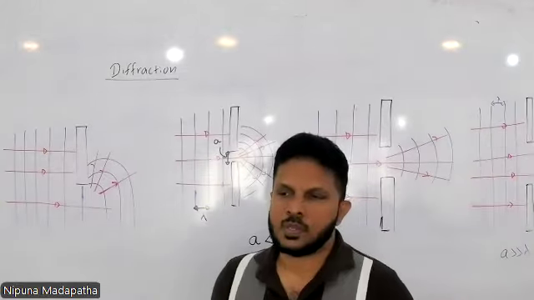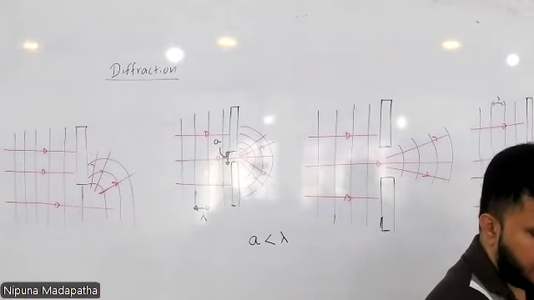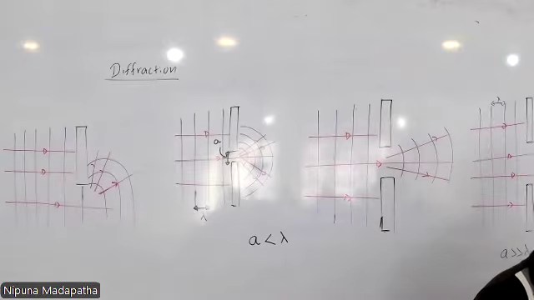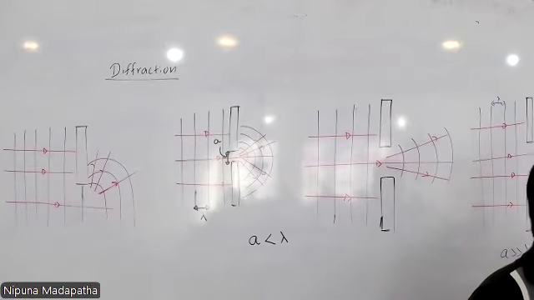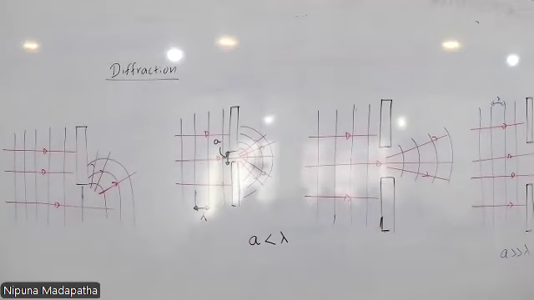as they pass through an aperture. Aperture, within bracket, a small hole or a narrow hole.